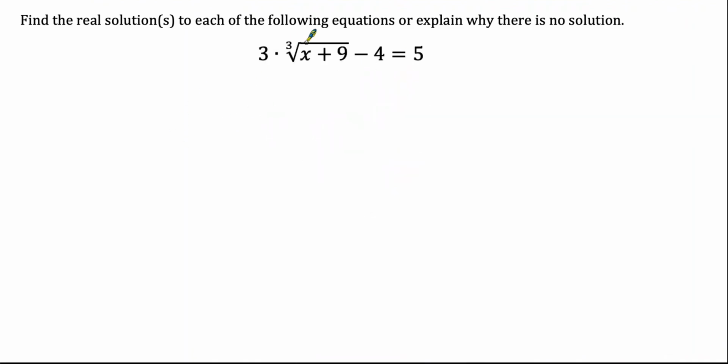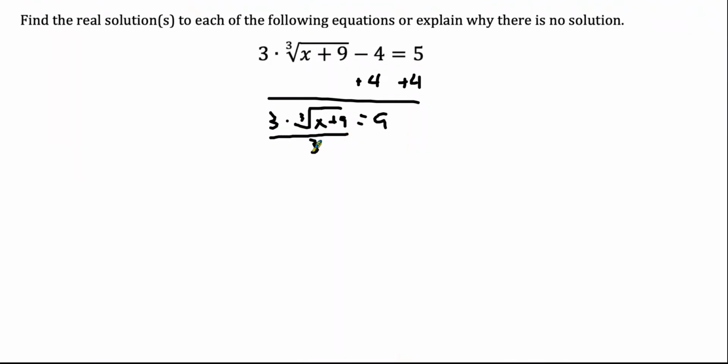On number 9, again, I want to get the cube root by itself first, so I will start by adding 4 to both sides. So we'll have 3 times the cube root of x plus 9 equals 9. Now the cube root still isn't by itself. I'm still multiplying by this 3. So I need to now divide both sides by 3.